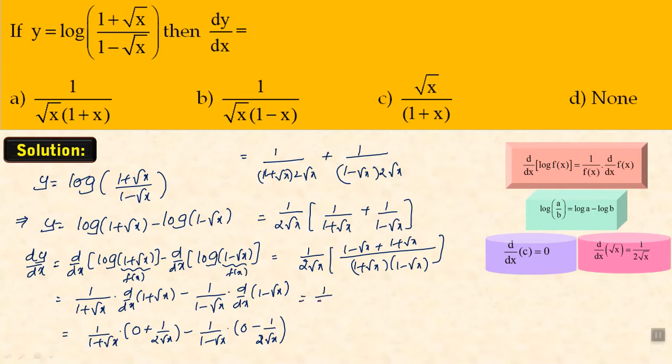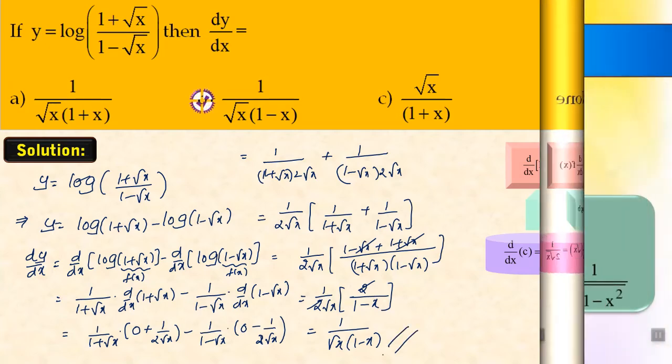This equals to 1 by 2 root x into, here minus root x plus root x get cancelled, 1 plus 1, that is 2, divided by, it is in the form of a plus b into a minus b. So it can be written as a square minus b square, that is 1 square minus root x whole square, that is 1 minus x. 2 gets cancelled, 1 by root x into 1 minus x. Therefore, the answer is option B.